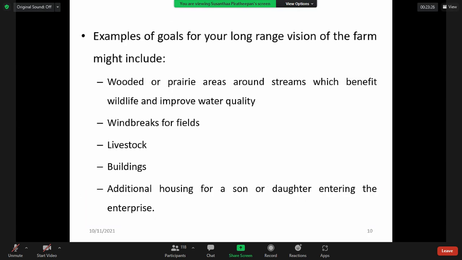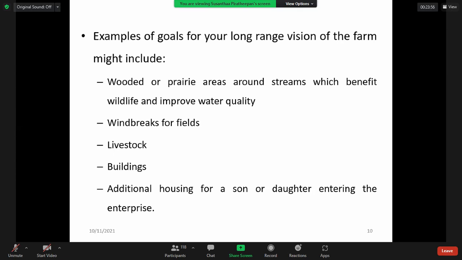Next we will discuss some examples of goals for your long range vision of the farm. The first one, wooded and grassy area around the stream, which benefits wildlife and improves water quality. The second one, windbreaks for the fields. Third one, livestock. Fourth one, buildings.